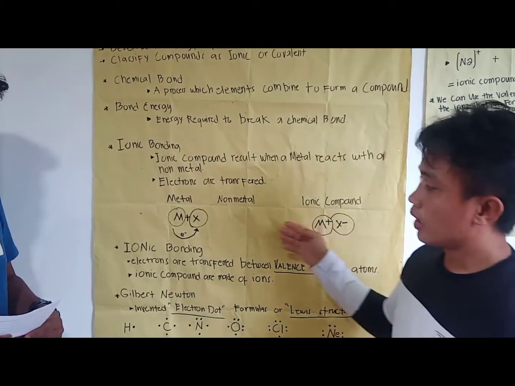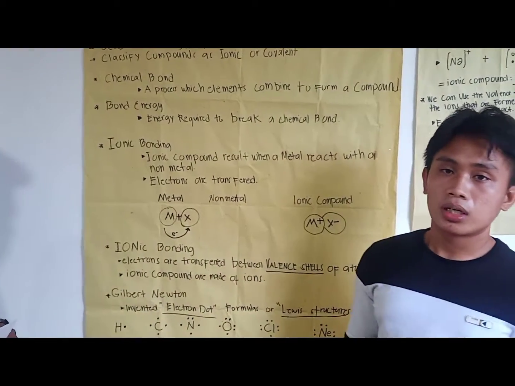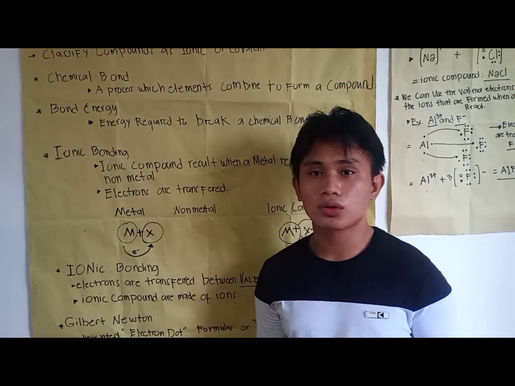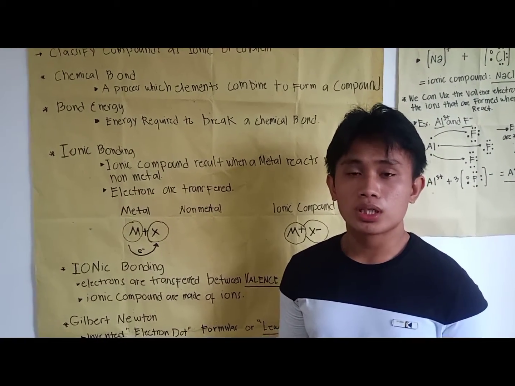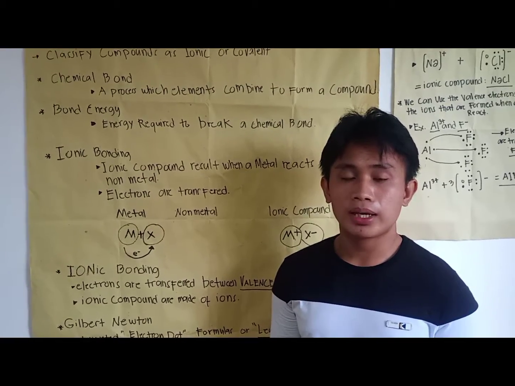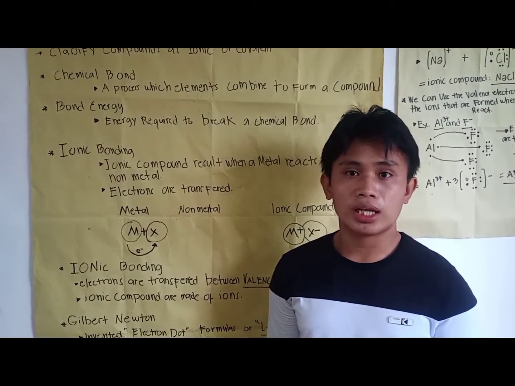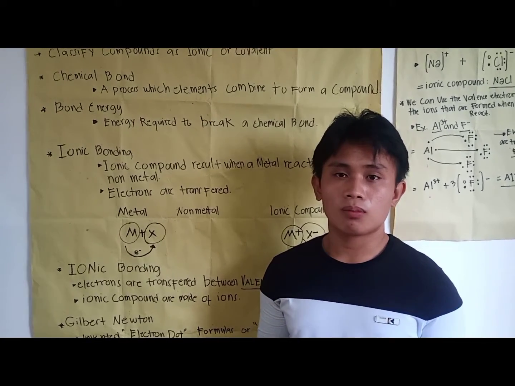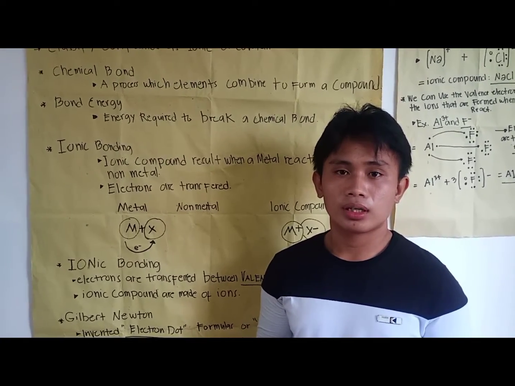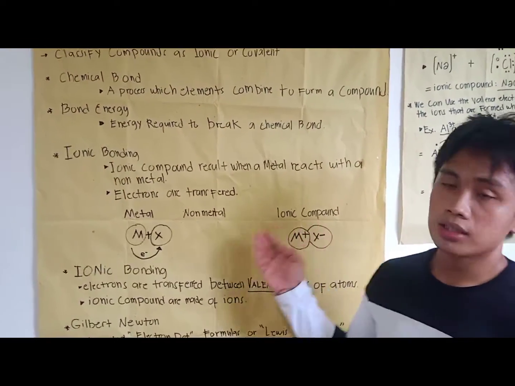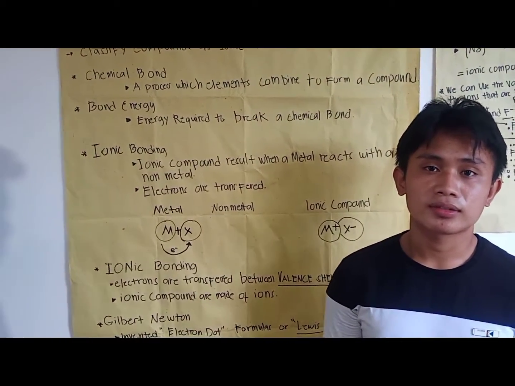For example, sodium, which is the metal, and chlorine, which is the non-metal. If we combine them, the result of the reaction is an ionic compound. That is ionic bonding.